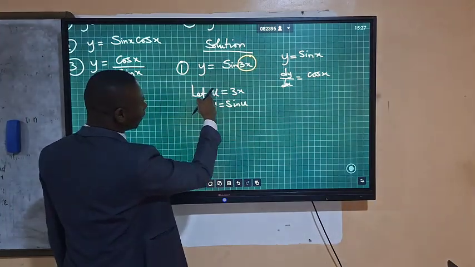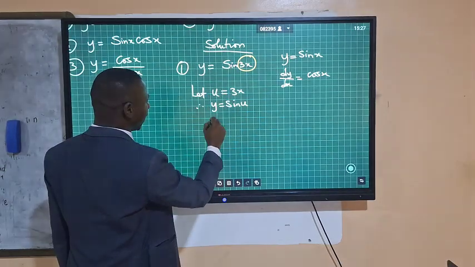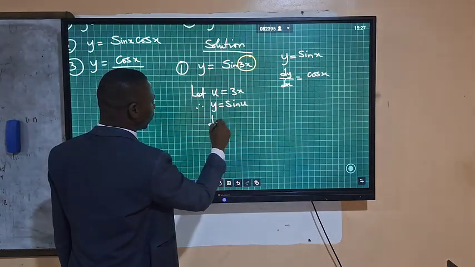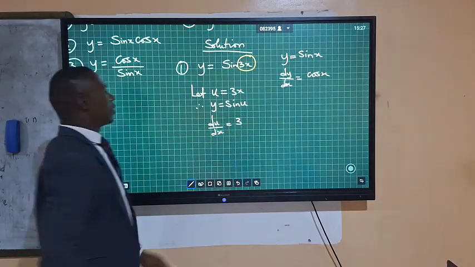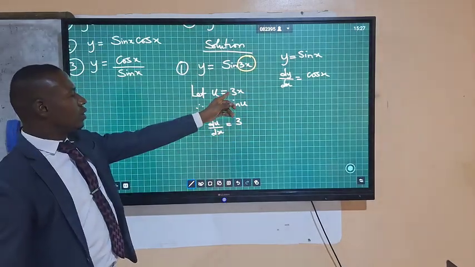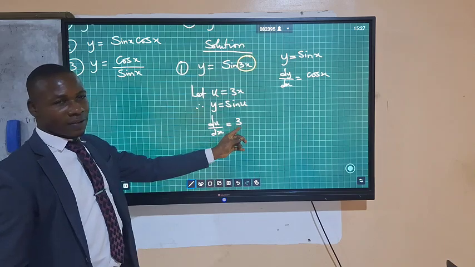So let's differentiate u with respect to x. Therefore, we have du over dx is equal to 3. When you differentiate 3x, what you get is 3.